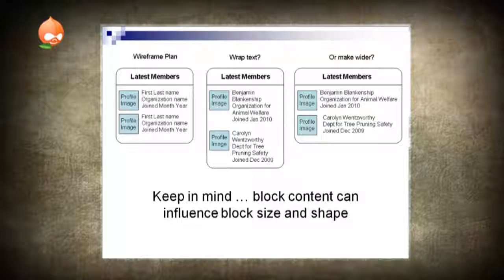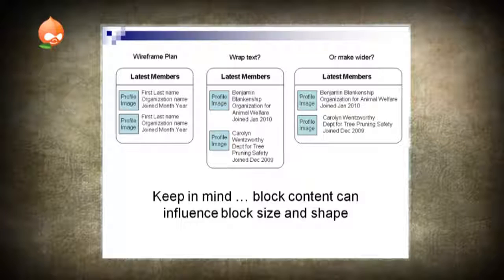What happens is, depending on where that block has been placed, for example, squished on the side or between two other blocks that are side by side, depending on how much space it has available to itself, it's going to either push down, because things are going to wrap, or on the side, it's going to expand out if it has some flexibility. So, for example, if you put this block on the top, it might expand out to the side and actually become wider because it had that flexibility.